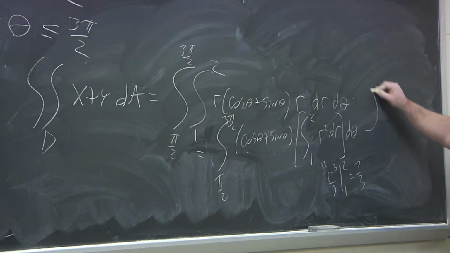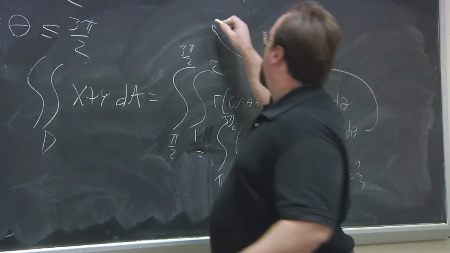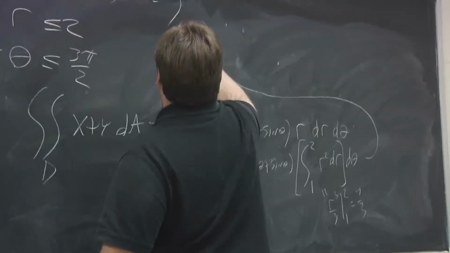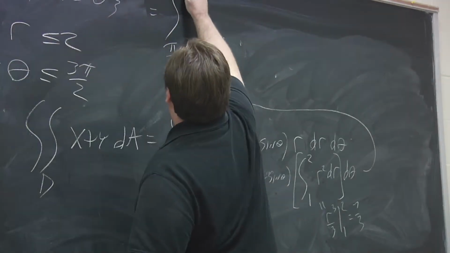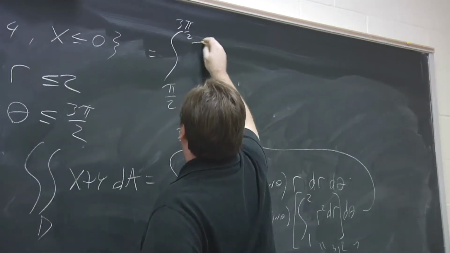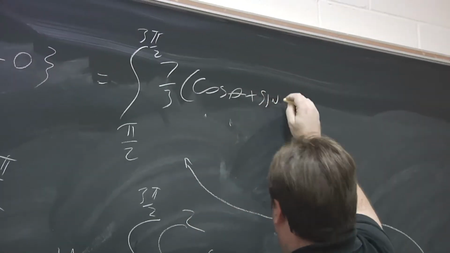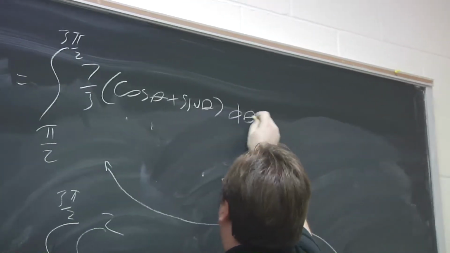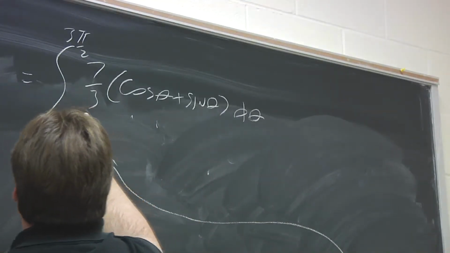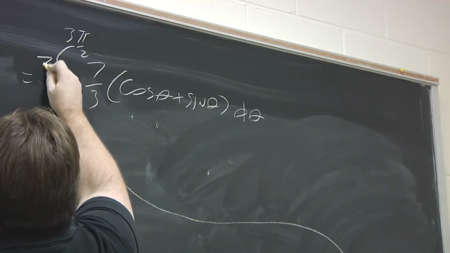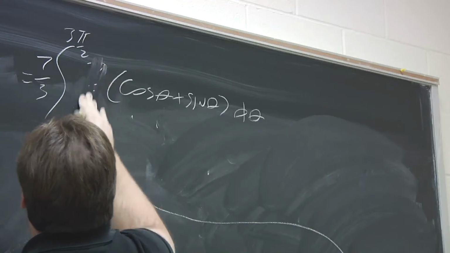So now we have the integral from pi over 2 to 3 pi over 2 of 7/3 times cosine theta plus sine theta d theta. The 7/3, that's a constant, so we can pull that out as well. Okay.